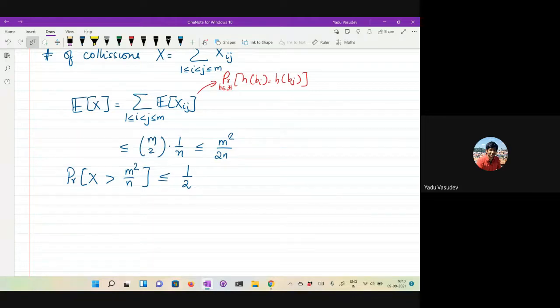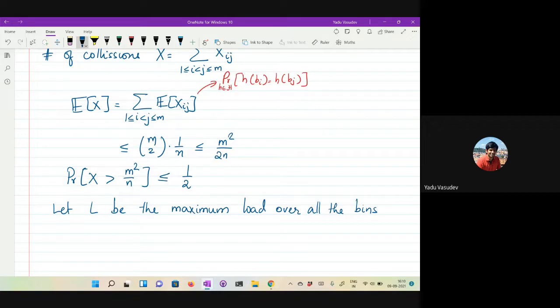Now let L be the maximum load over all the bins.